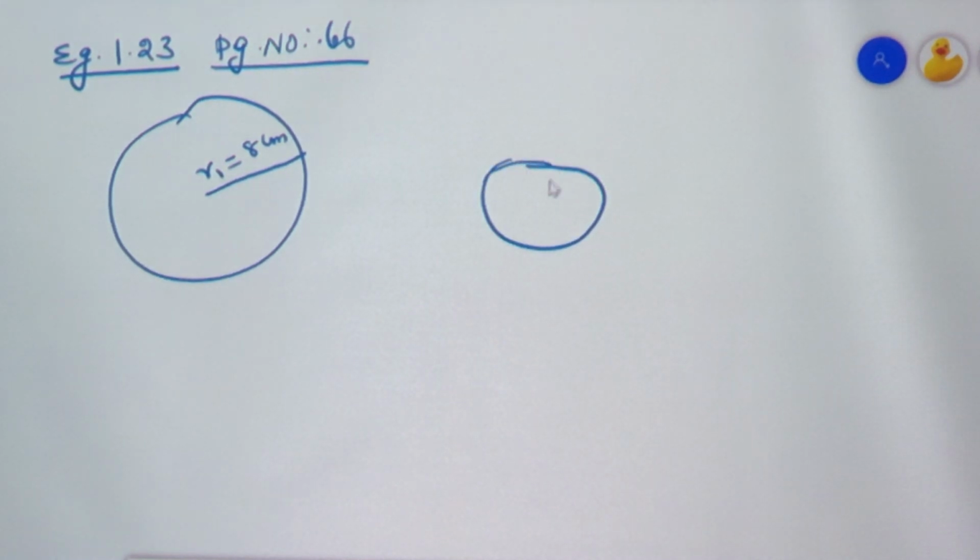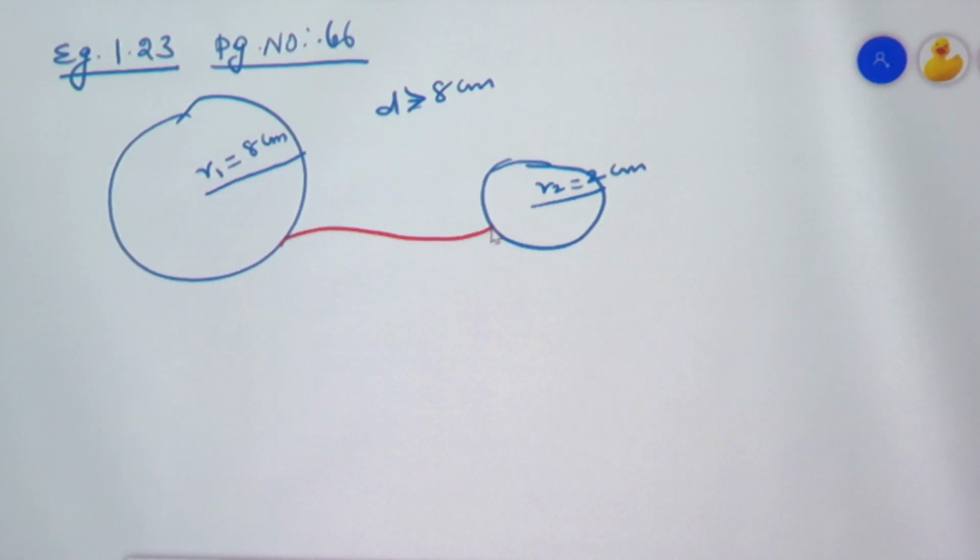This is another sphere having a radius r2, which is 2 centimeter. Separated by a distance d greater than 8 centimeter. And they are connected by a thin conducting wire as shown in the figure. So these two spheres are connected with the help of a thin conducting wire.